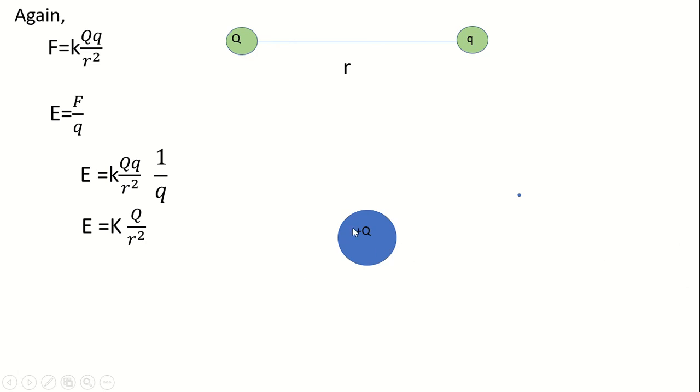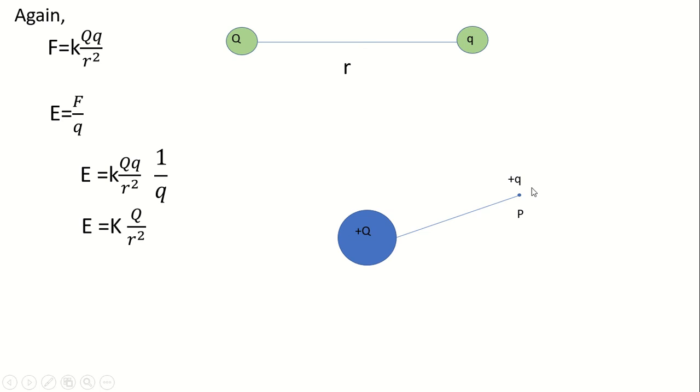So look, if a plus Q charge is placed, then around that plus Q charge an electric field will be created, and if at a distance r from the charge, at point P, a test charge plus q is kept, then due to the electric field of this positive Q charge, the test charge will experience a force, and the force experienced by the unit positive charge is known as electric field intensity.